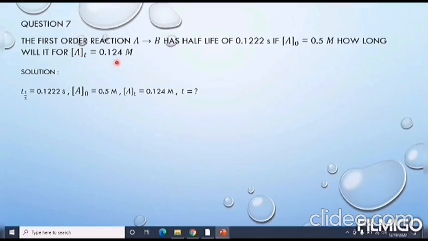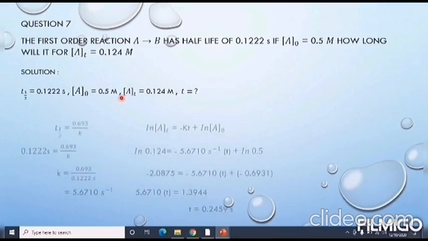So the solution, from the question we can know the half-life is 0.1222 seconds, and the A naught we can get from the question is 0.5, and At is 0.124, and this question wants to find time T.